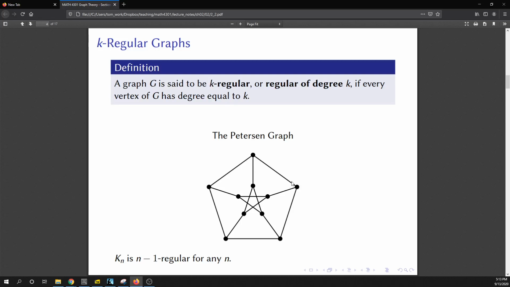If I check the degree of each vertex, it's 3 at every vertex. Every vertex has degree 3. The complete graphs, K sub n, are n minus 1 regular for any n, so every vertex has the same degree in the complete graphs.